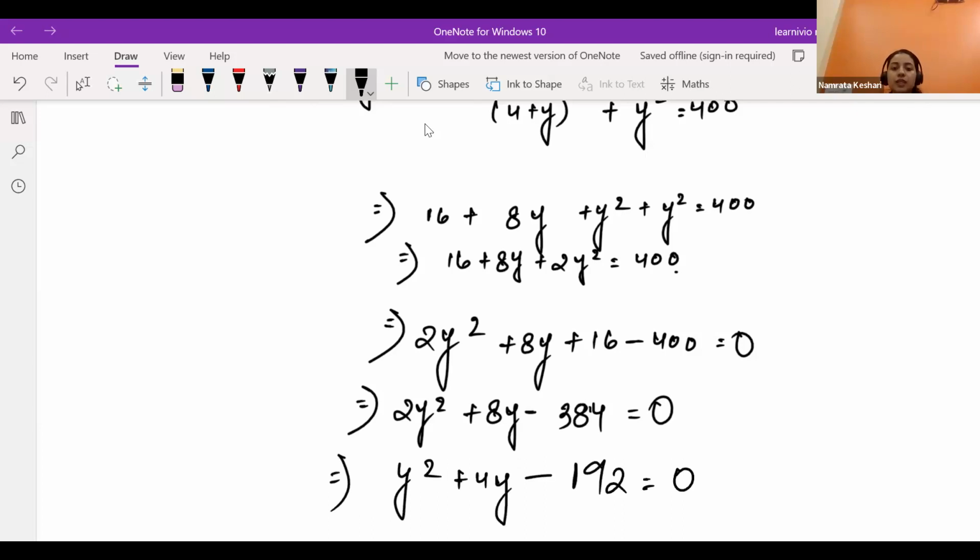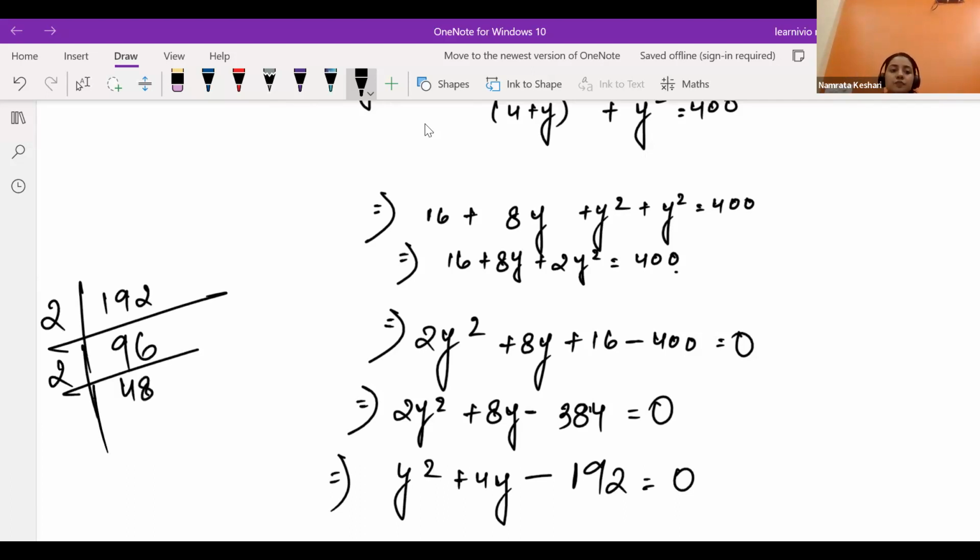Now 192 we want to split in such a way that two numbers added together or subtracted together will generate the middle term, that is 4. If you want to factorize 192: 2 times 96, 4 times 48, 6 times 32, 8 times 24, 12 times 16. So 24 we are having.